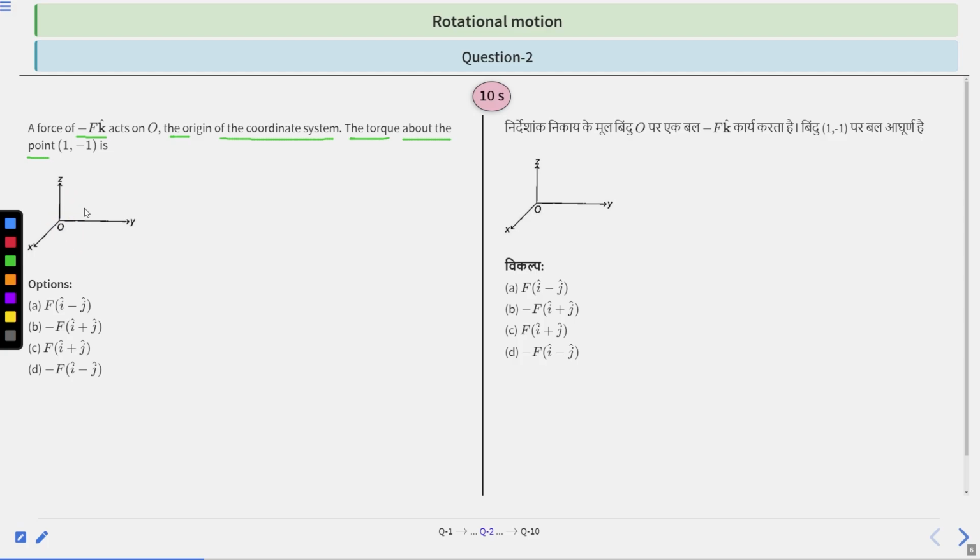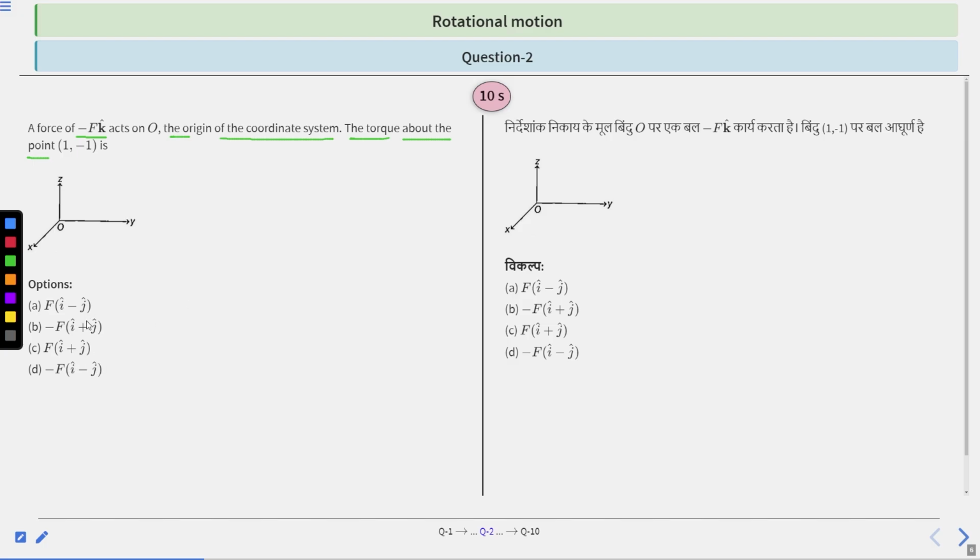So the question asks about the torque about the point. Option A is F (i cap minus j cap). Option B is F (minus i cap plus j cap), option C is F (i cap plus j cap), and option D is F (minus i cap minus j cap).